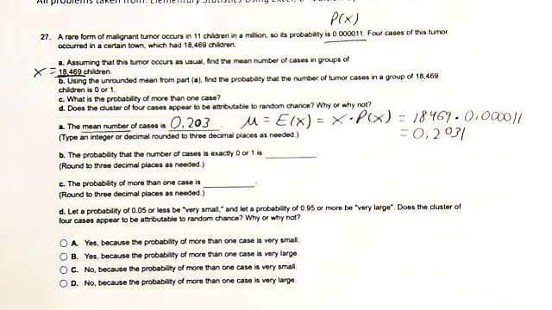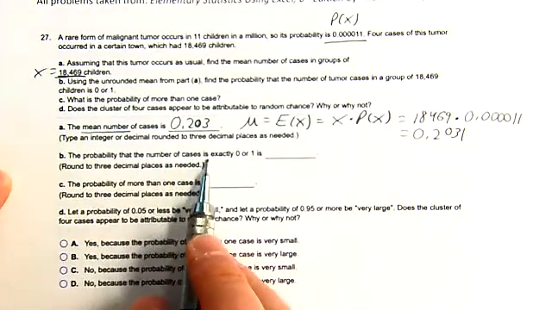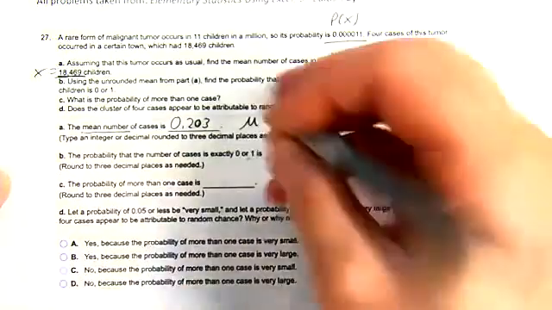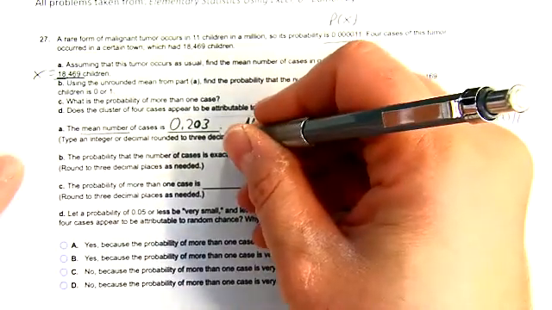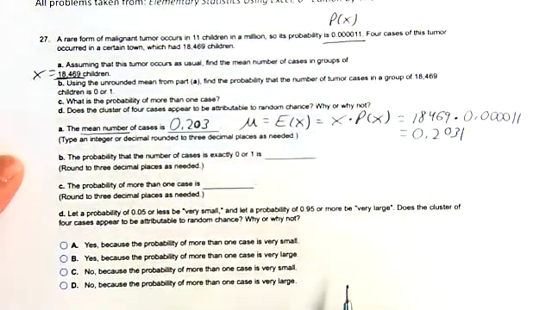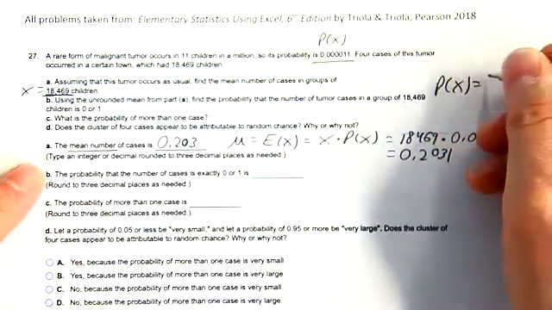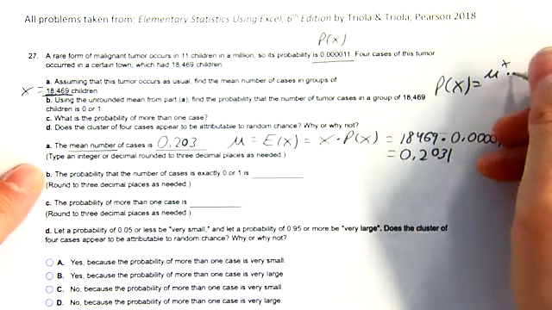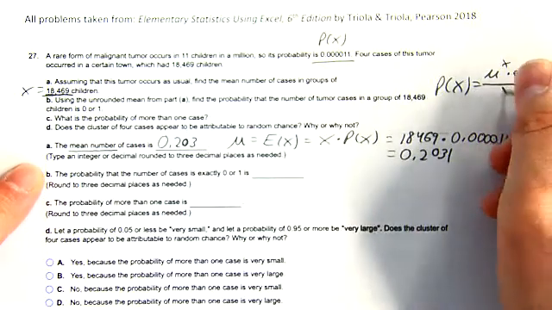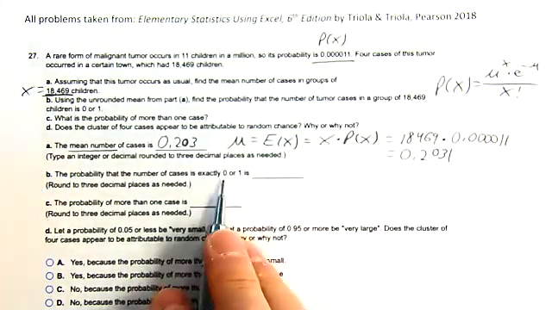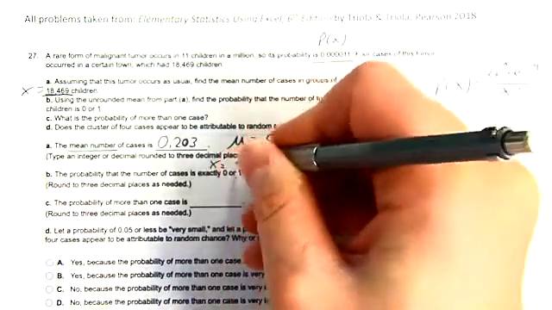Now in part B, it says, what's the probability that the number of cases is exactly 0 or 1? So this is where we want to use our Poisson equation, this p of x equation again, but we have to do it twice, one where x is 0 and one where x is 1.